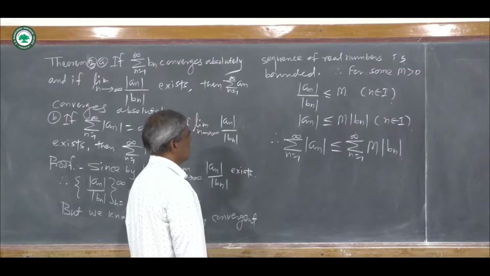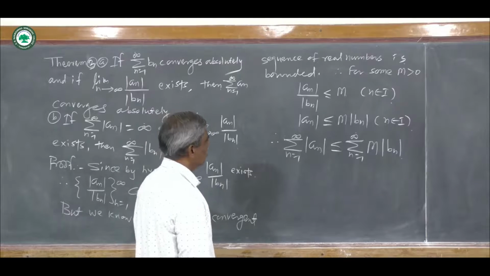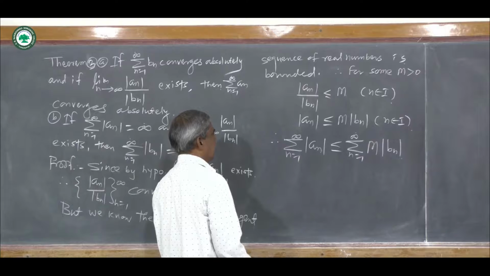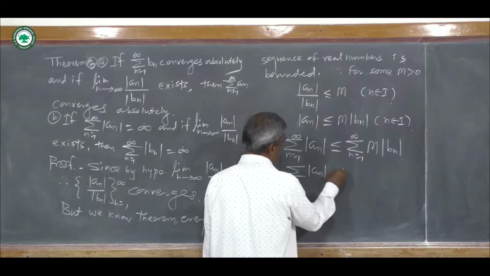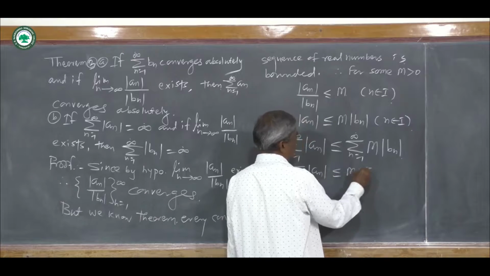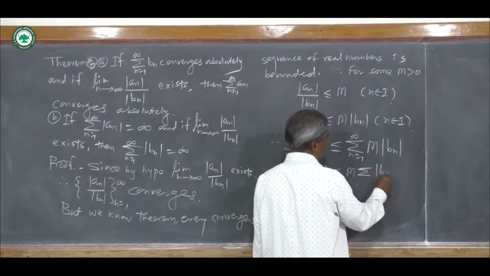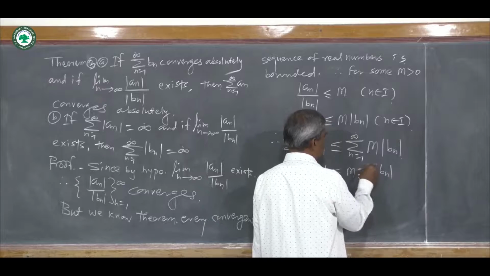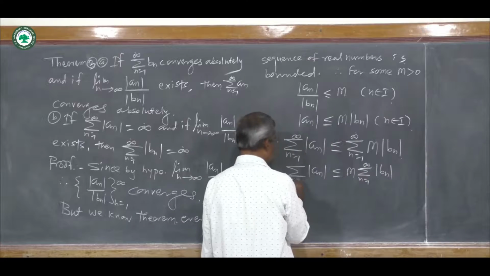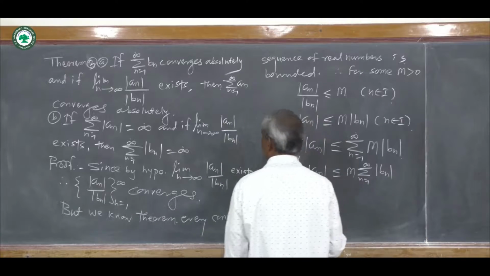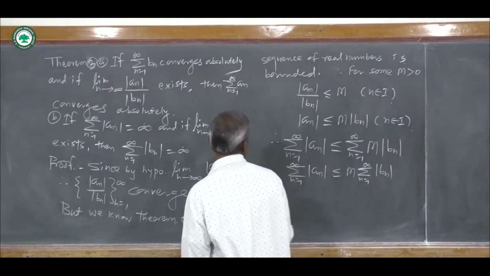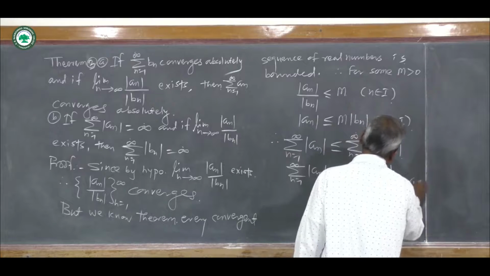Since M is a real number, we write this as summation mod an is less than or equal to capital M times summation n equal to 1 to infinity mod of bn. This is statement number 1.